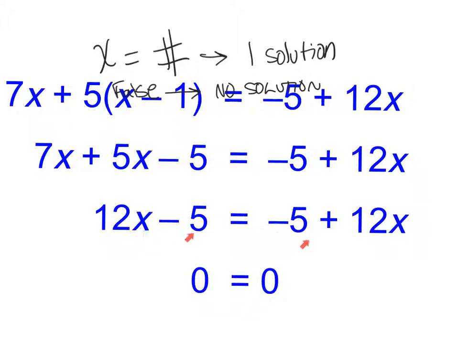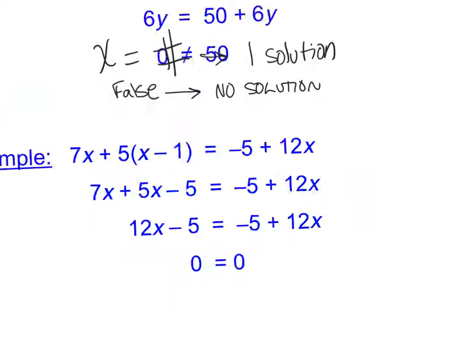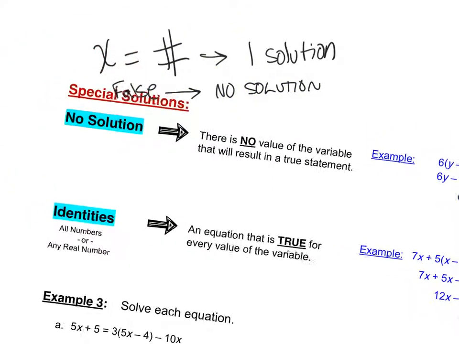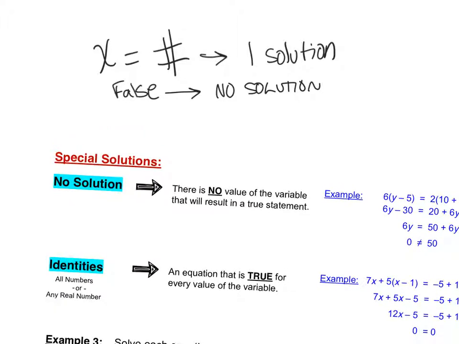Or you can look at it and go, oh, it's the same thing. 12x minus 5 is the same thing as negative 5 plus 12x. That is what we refer to as all real numbers or identity. You can write either identity or all real numbers or infinite solutions. That's up to you.